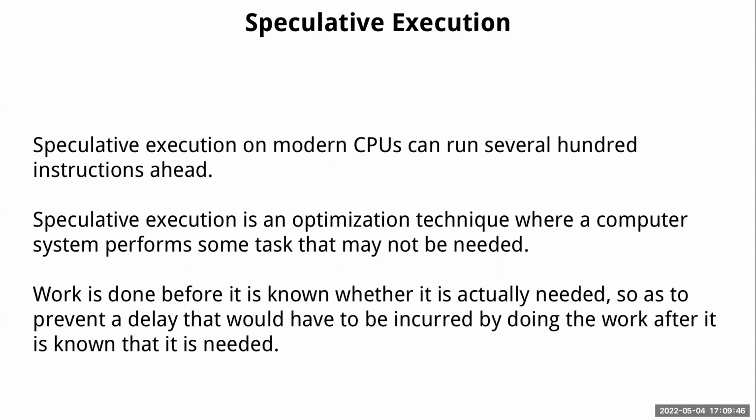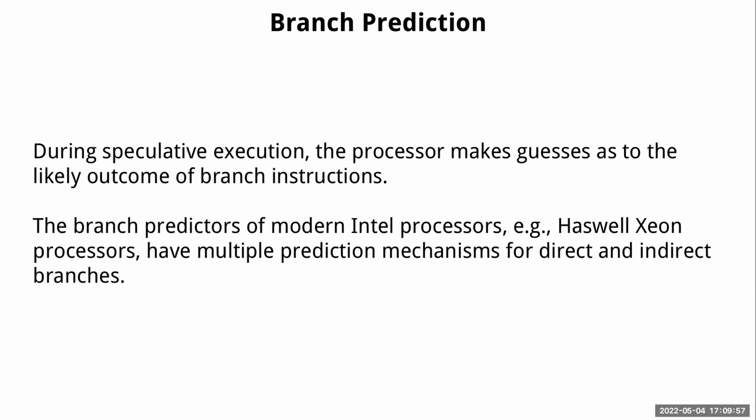Since work is done before it is known whether it is actually needed, it prevents a delay and speeds up the CPU. However, there is also a big issue, another thing involved with this: branch prediction. So how does the CPU predict which branch to take?